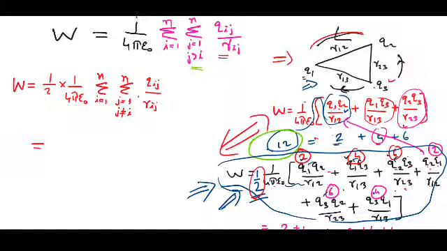Now what I am going to do is bring this term inside the summation, therefore this is equal to half into summation i is equal to 1 to n. Then I will take qi qj. I have split it because here we have q1 q2 like this. Here also there was a mistake, this should also be qj.